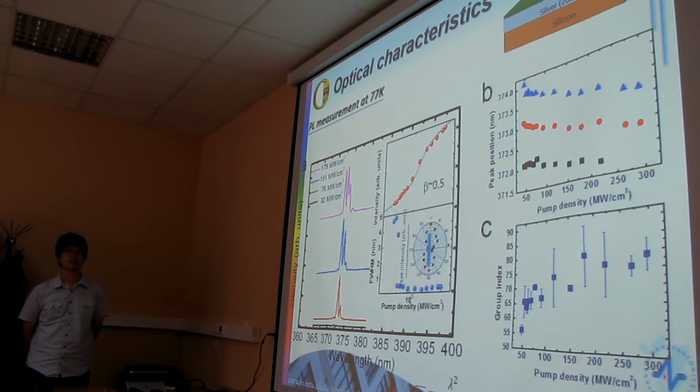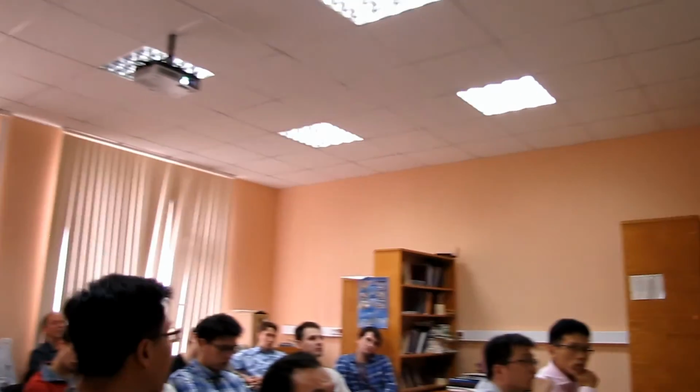The calculated group index is as large as 70 to 80. So although the length is very small, if you multiply by this group index, it is like 80 times 1 micron, so you can sustain so many longitudinal modes in that small cavity.